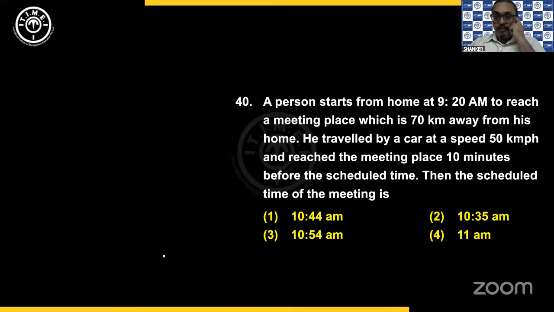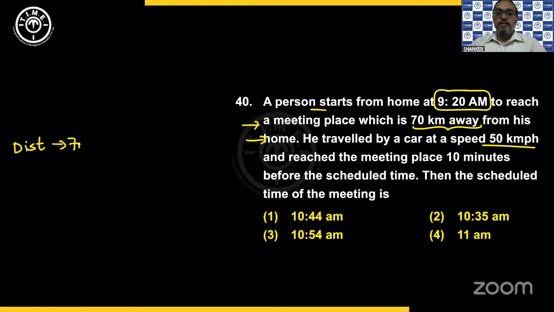Okay, next. Similar. A person starts from home at 9:20 to reach a meeting place which is 70 kilometers away from his home. He's traveling by a car at a speed of 50 kilometers per hour. So distance is given as 70 kilometers and the speed is given to us as 50 kilometers per hour. So how do I get the time?